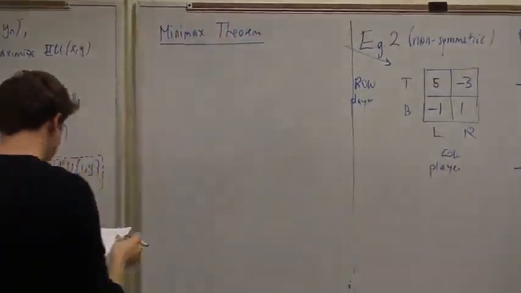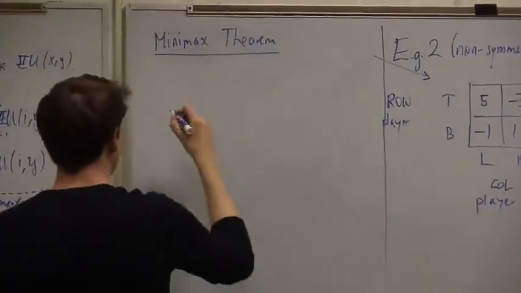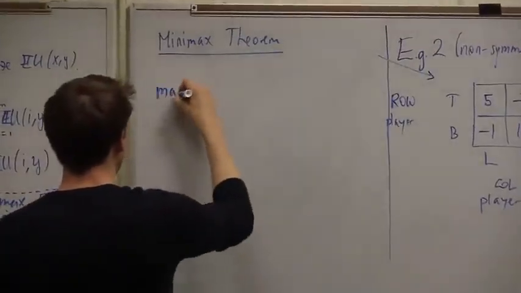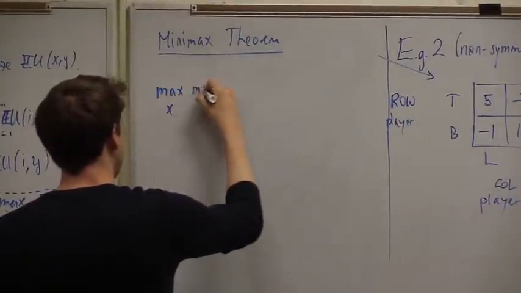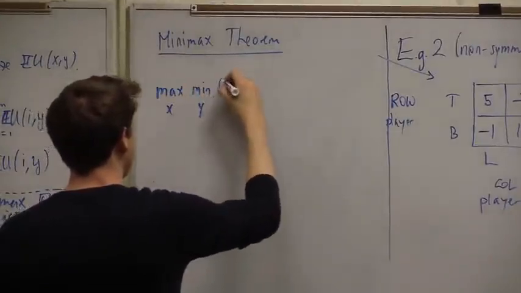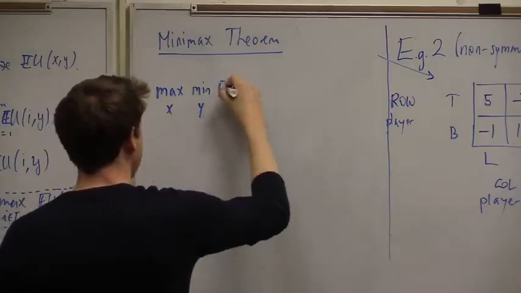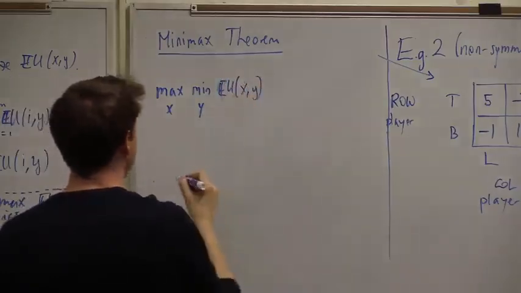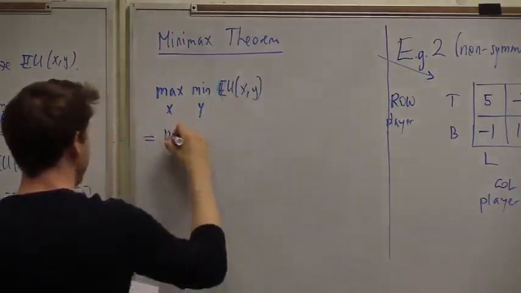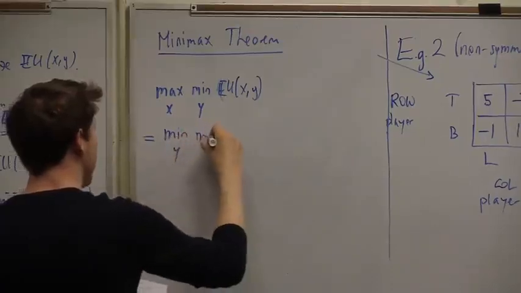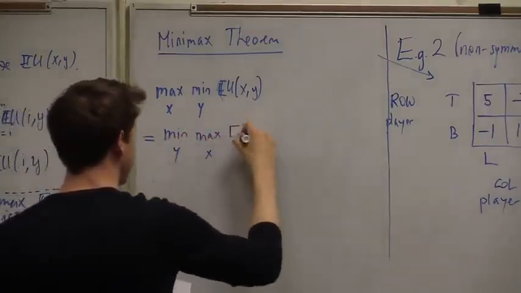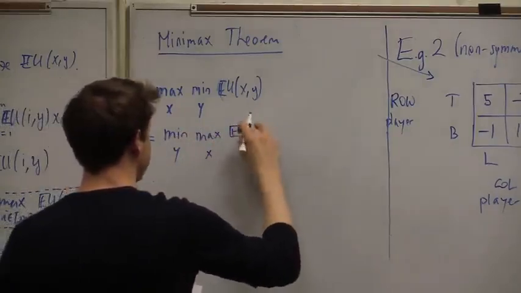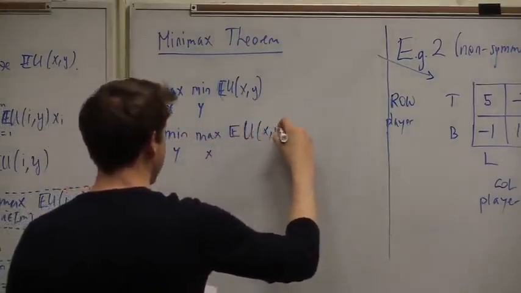So the minimax theorem says that if you want to maximize over x the minimum over y of the expected utility of x, y, then that is the same as minimizing over y the maximum over x of the expected utility of x, y.